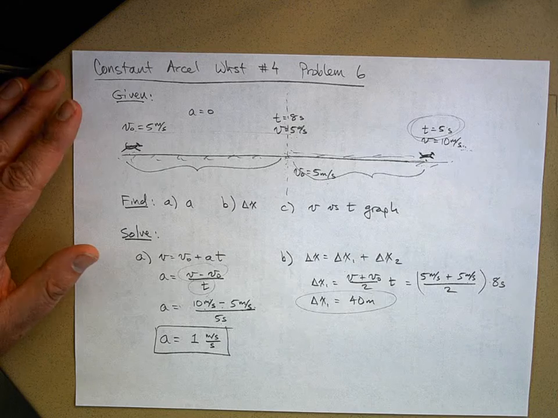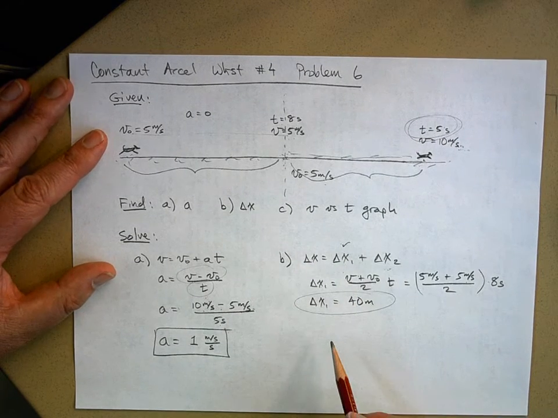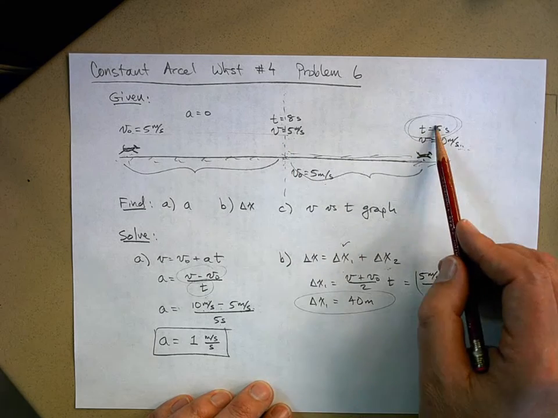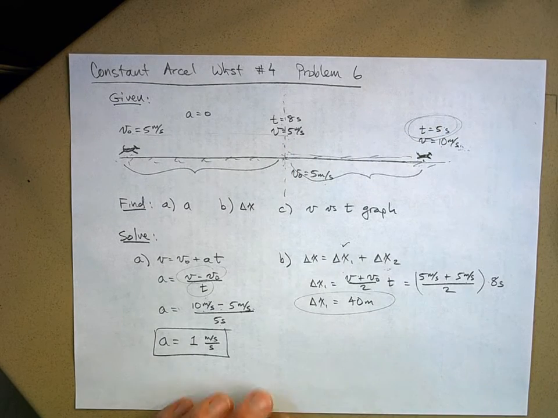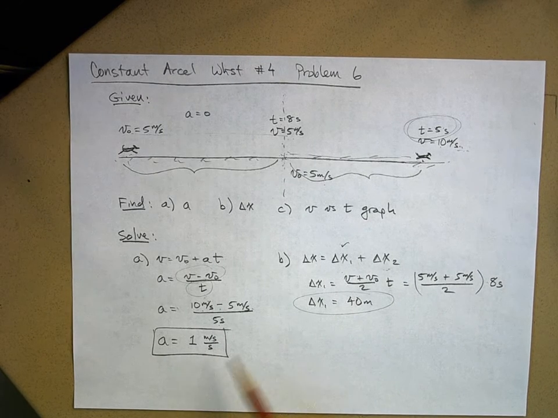Now we need delta x2. So we got delta x1, now we need delta x2. Well, what do we know? We know the initial velocity. We know the final velocity. We know the time. We even know the acceleration. But I calculated this acceleration. What if I made a mistake? Why carry that mistake forward? So I'm just going to use what's given.